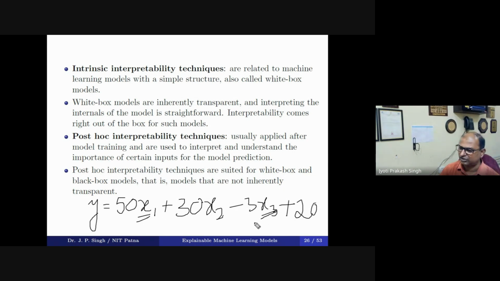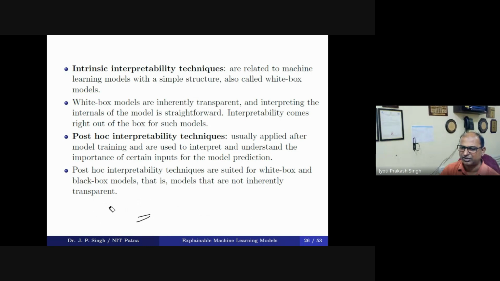So this is interpretable by default. Linear regression, logistic regression, decision trees are inherently interpretable, and hence we call those models intrinsic interpretable models, and this technique is called intrinsic interpretability.